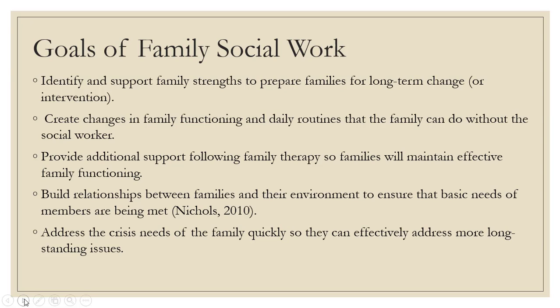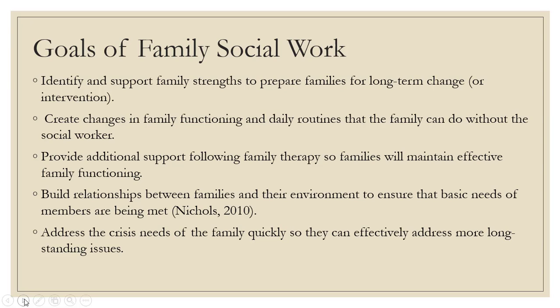The third one down talks about providing extra support so that families can learn this kind of better functioning. And the fourth one talks about how families can build relationships not just among themselves, but also with their environment. And by their environment, we're thinking about their community, their society, and that helps all members of the family.